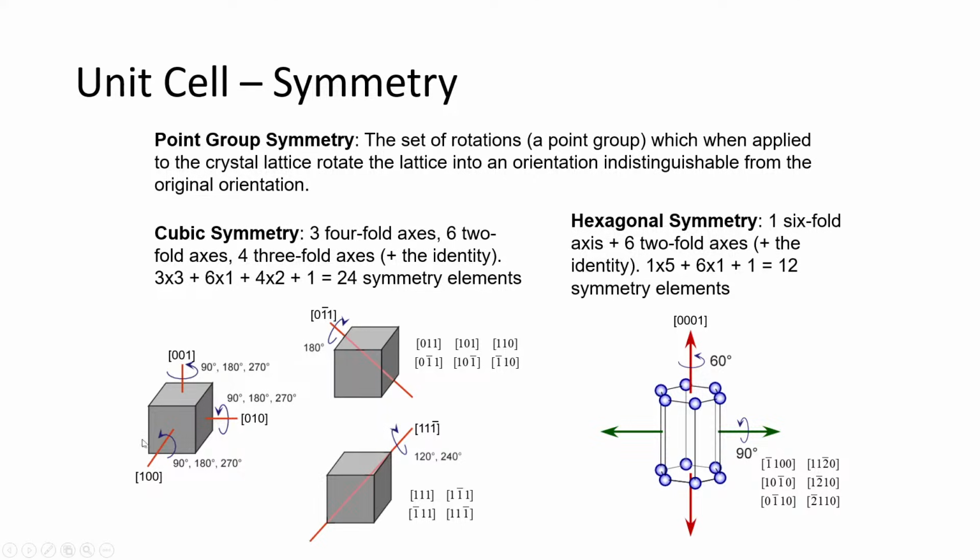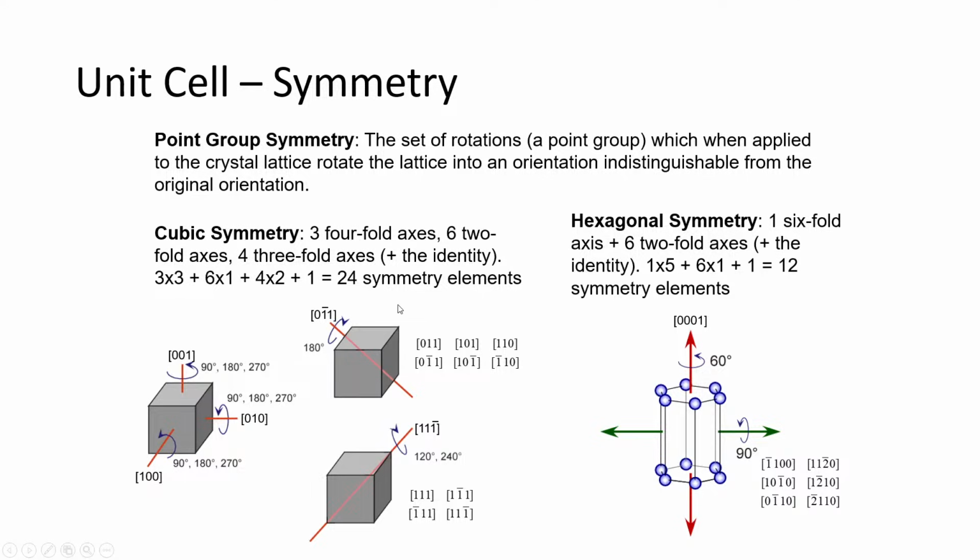So if we have a cube like this and we rotate it 90 degrees about any of the 100 axes, it looks exactly the same, right? Mathematically it's different, but it looks exactly the same. So there are 24 different ways we can rotate a cube mathematically, and they'll all look exactly the same.